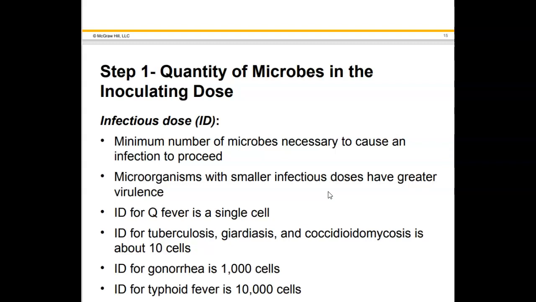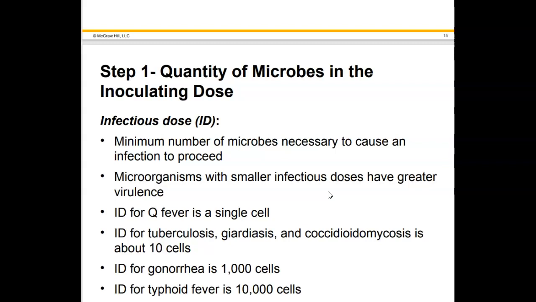The more infectious the pathogen, the lower the infectious dose. So we have different examples here. The infectious dose for Q fever is just a single cell. Q fever is something that you can contract by coming in contact with urine or feces or milk from goats or cattle.